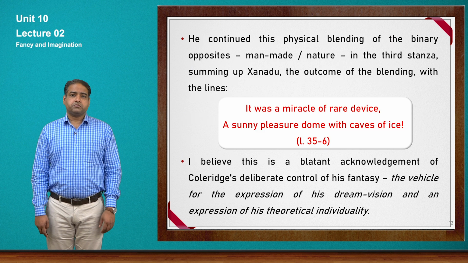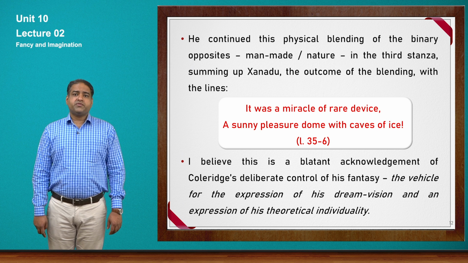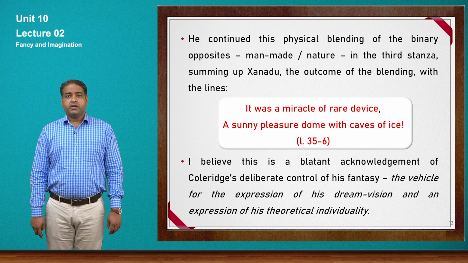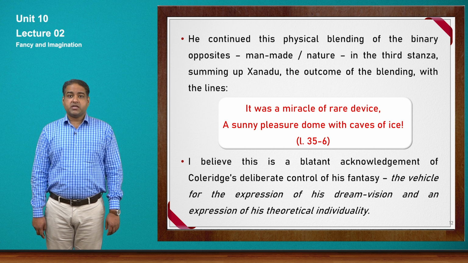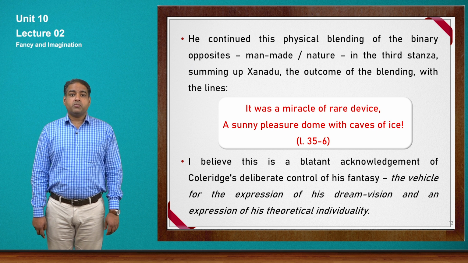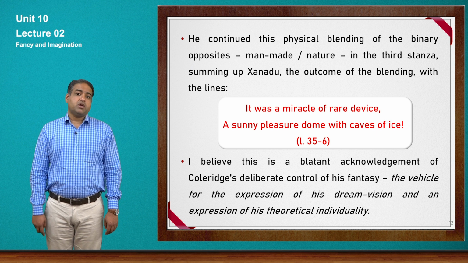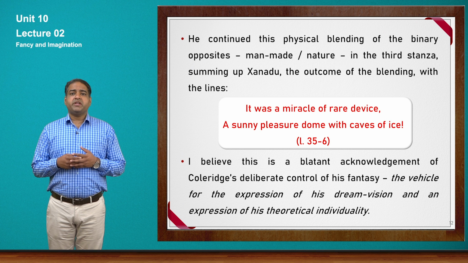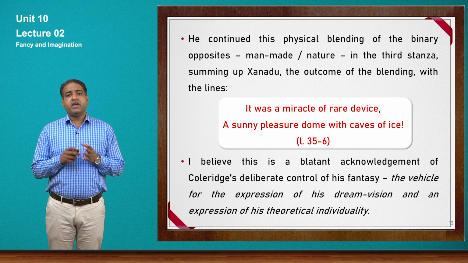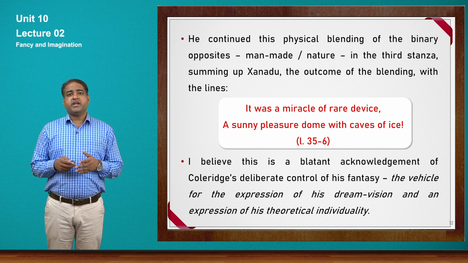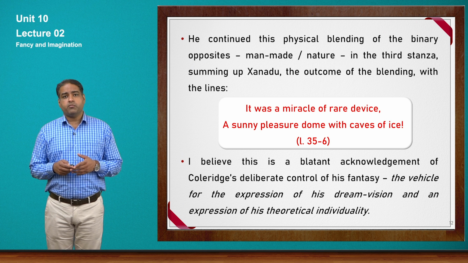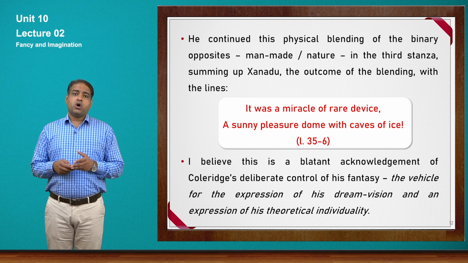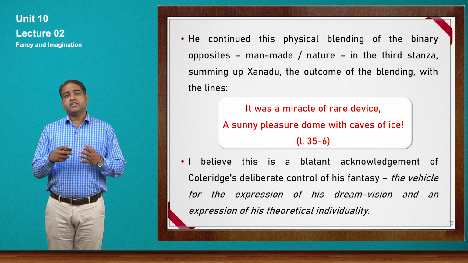He continued this physical blending of the binary opposition, man-made and nature, in the third stanza, summing up Xanadu, the outcome of the blending, with the lines. When we move further in the poem, we see that binary oppositions are visible everywhere in this fancy and imaginative world created by the poet, and that binary opposition includes the man-made or artificial and the natural.